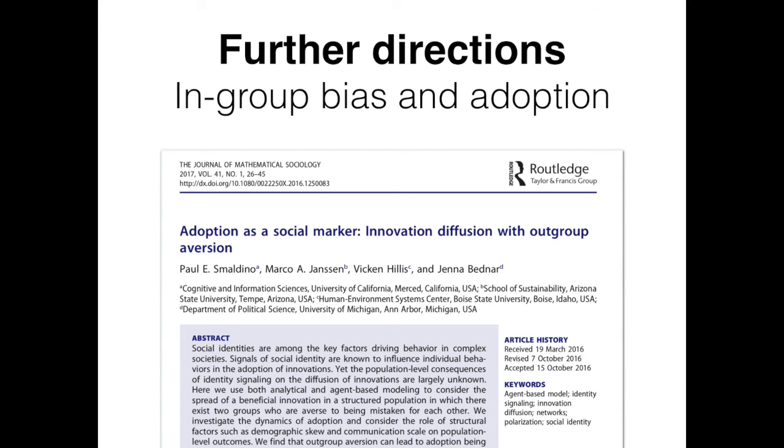And there may be a bias to adopt a product or behavior, but only if it's popular primarily among members of your group and not the out-group. So in this paper, myself and some others explored how this kind of bias could affect adoption dynamics and how various parameters might influence group differences in population structure.